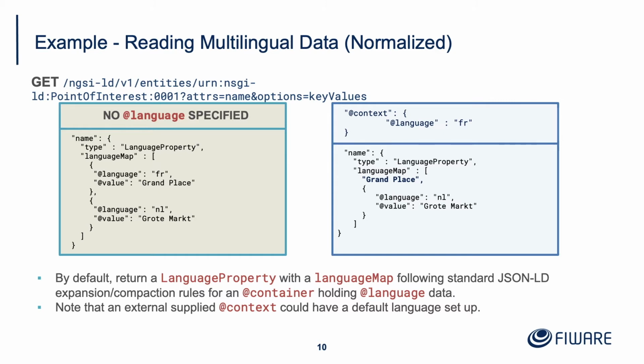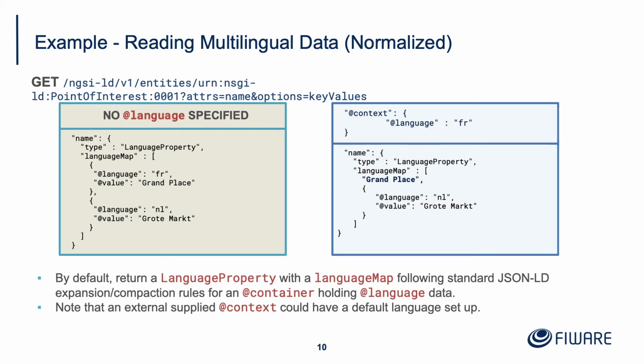This is nothing particularly special for NGSI-LD, but of course NGSI-LD is an extended subset. So everything that JSON-LD 1.1 does, NGSI-LD will automatically do. Obviously, your JSON parser will be able to read that, and you'll be able to get the information back.